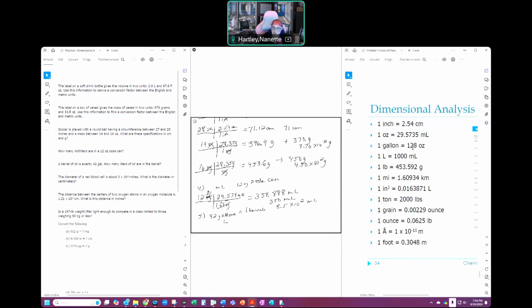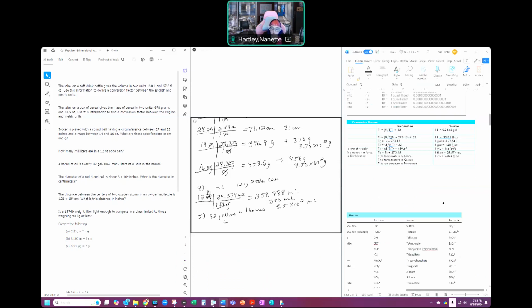Gallons. No, that's ounces. It's ounces and milliliters. Don't see it. So now I'm going to try over here. And I'm looking for gallons and liters. Gallons and liters. Oh, I found it.